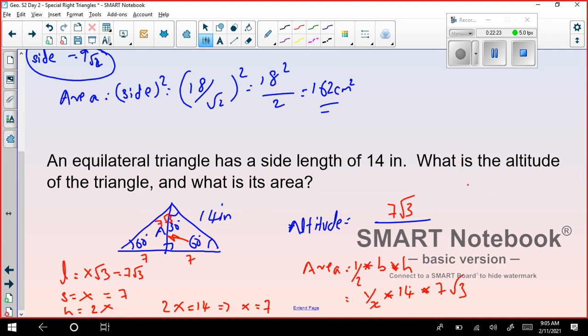So 2 times 7 is 14, 7 times 7 is 49, so 49 root 3 will be the final answer, and the units were inches, so this will be square inches. Okay, the area is 49 root 3 square inches, the altitude was 7 root 3 inches. I hope this is clear too. Let's see the next slide.